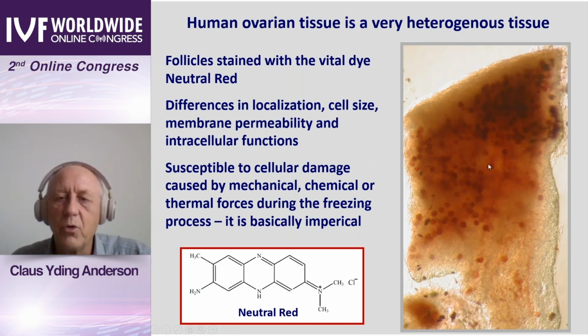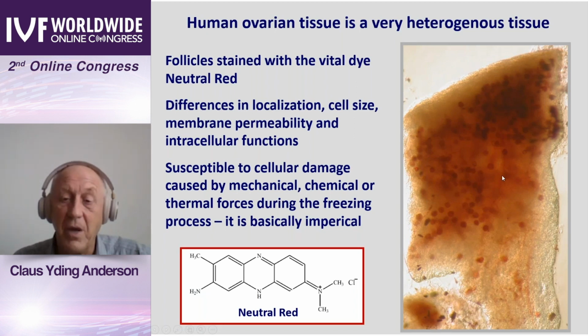And we only want to expose this middle primordial follicle for so long that we raise the concentration of cryoprotectants to what we want, and not more than that. And this is basically impossible to calculate.